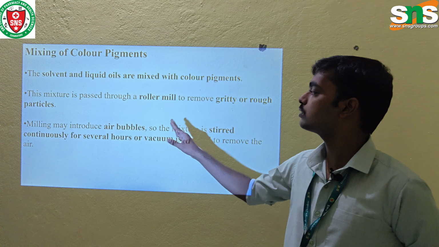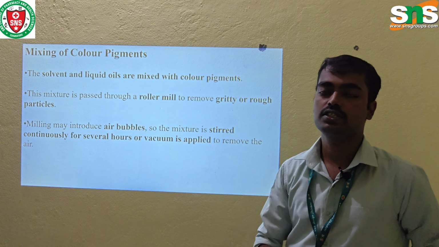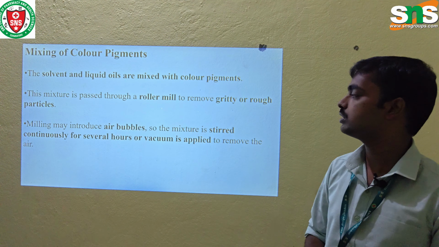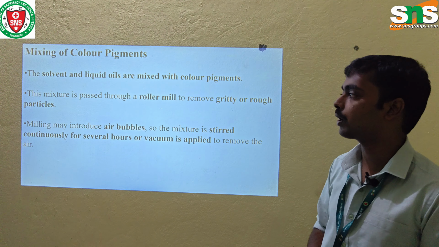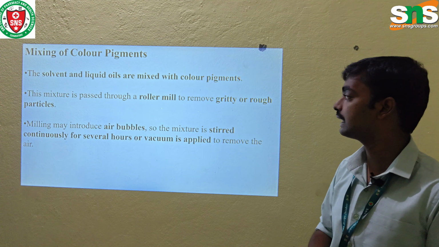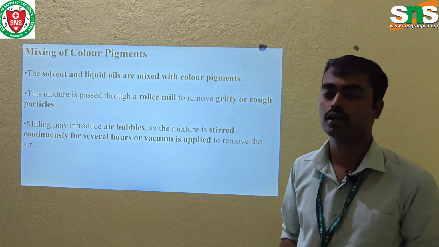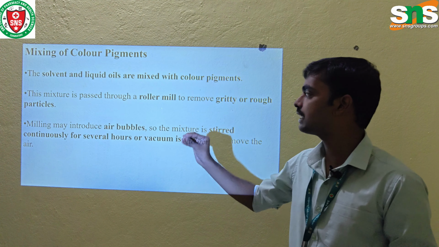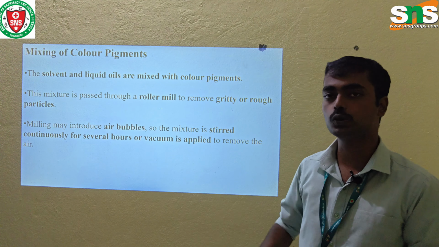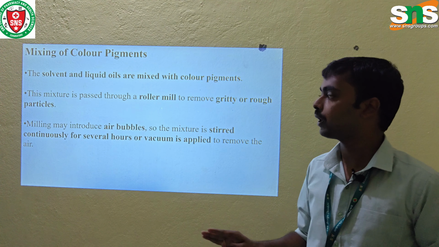The mixture is passed through the roller mill to remove gritty or rough particles, because such particles could damage the lips. The roller mill grinds the unwanted particles.